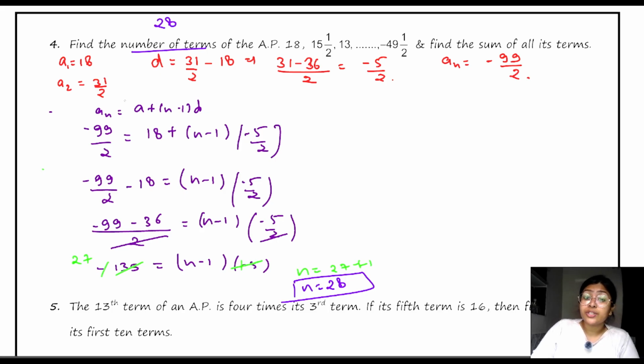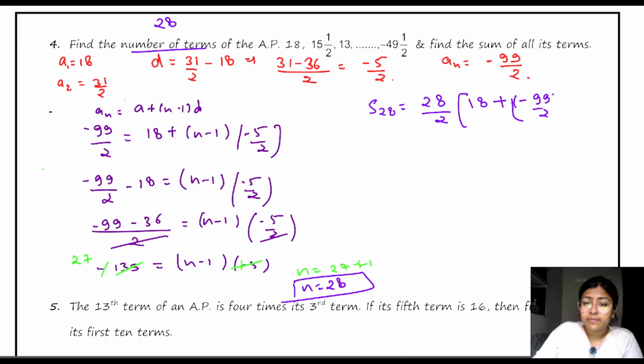Okay, sum of all of its terms means they are asking to find out S28. Very good. So S28 will be 28 over 2, first term plus last term. So it will be 14 bracket 18 minus, sorry, take the LCM. If you take the LCM, it will be 36 minus 99 whole over 2, this 2 cancels with 14, so 7 times.